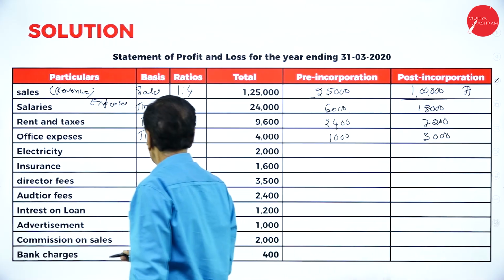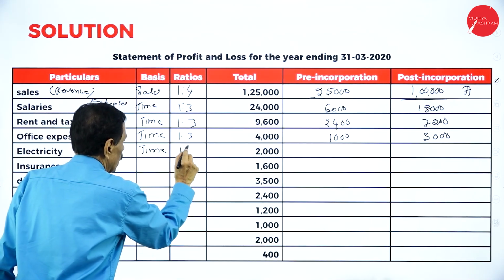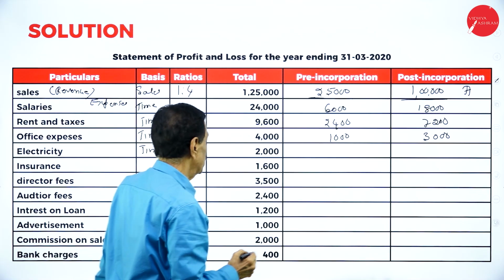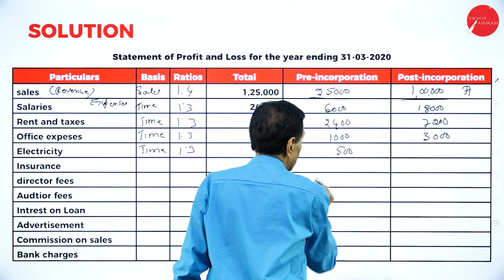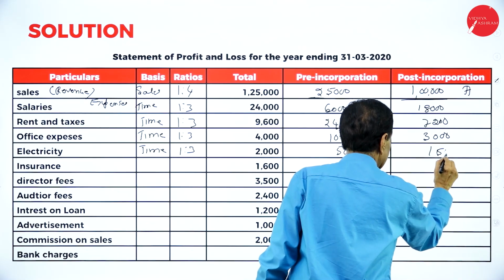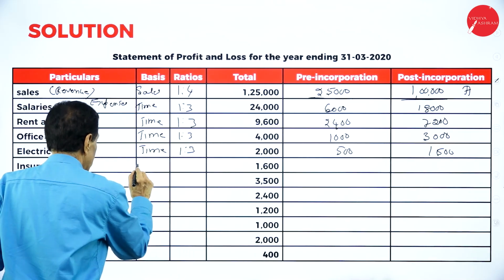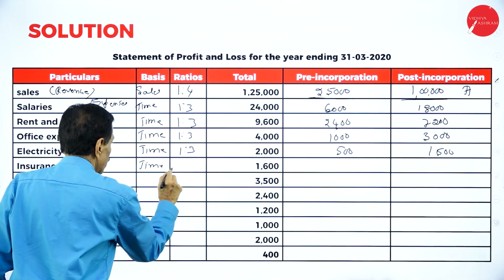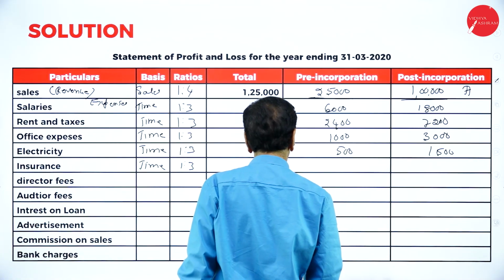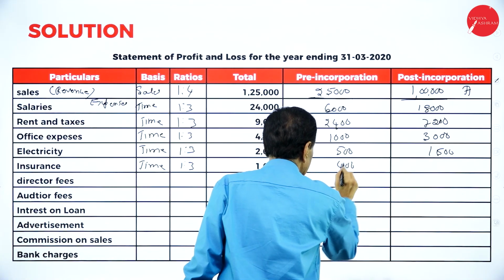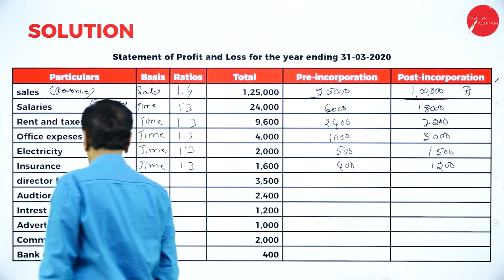Then electricity, time ratio 1:3, 2,000 is there, 500, 1,500. Then insurance 1,600, time ratio 1:3. This 1 by 4 means 400, 1,200. They are in the ratio 1:3.